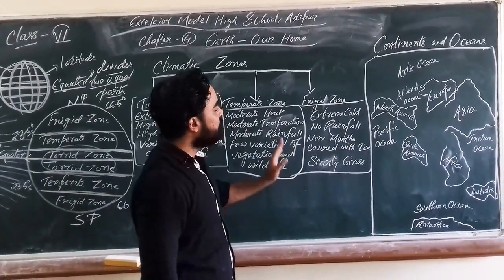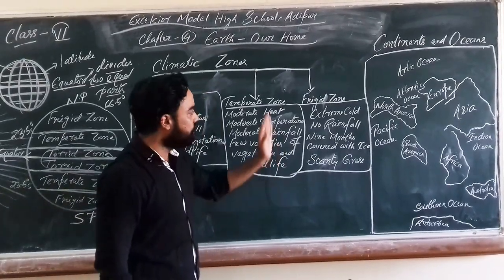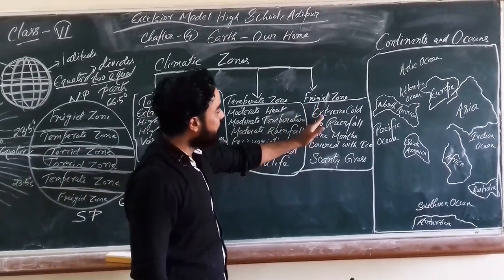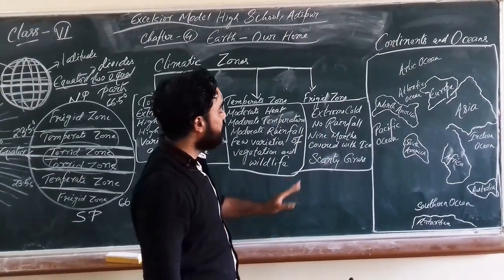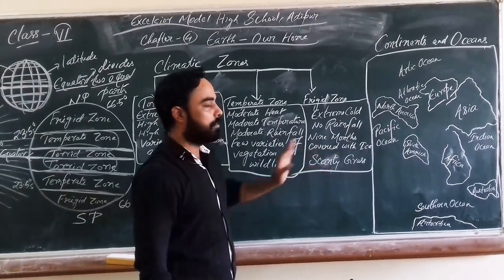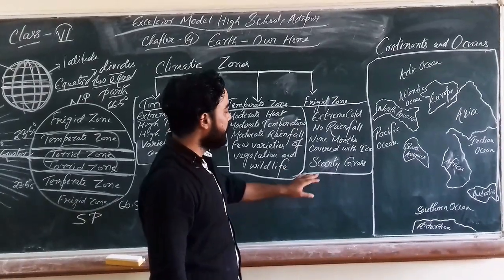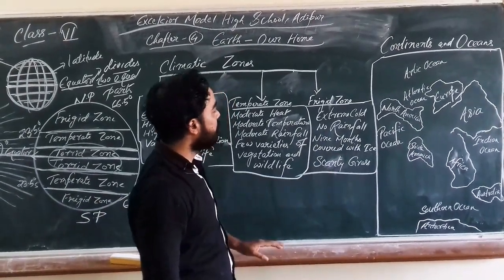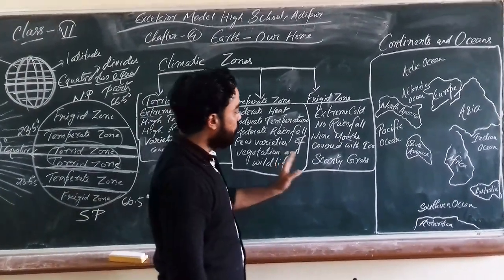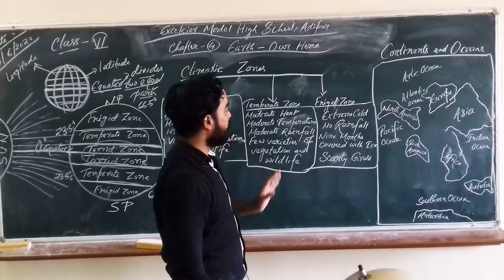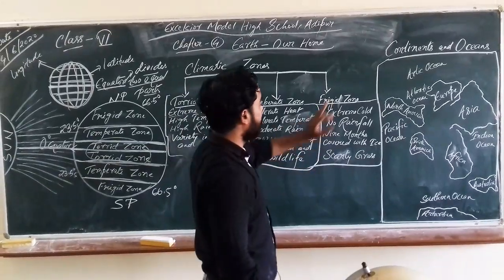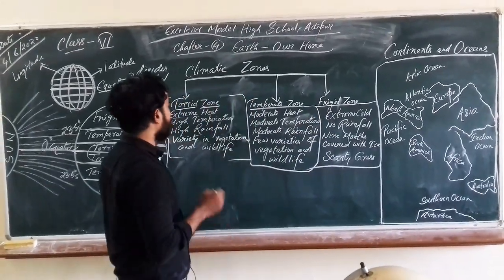Those places on the earth which fall in the frigid zone receive extreme cold, there is no rainfall, and they are covered with ice 9 months of the year, having scanty grass. There is no vegetation. We can say that there are no varieties of vegetation and wildlife that can be seen in the areas which fall in the frigid zone.